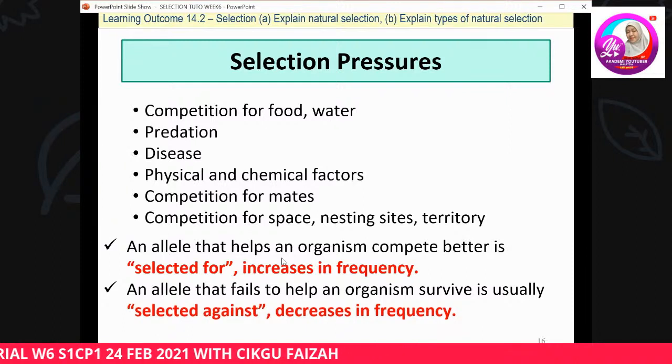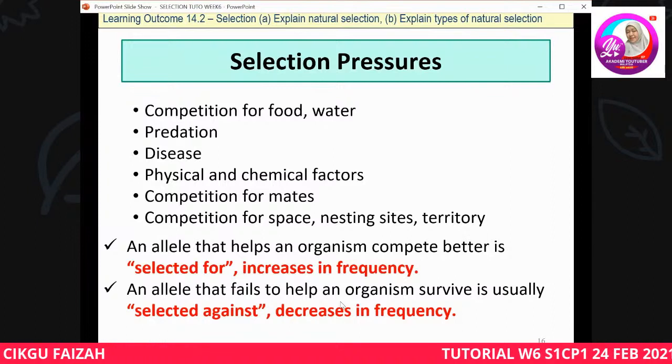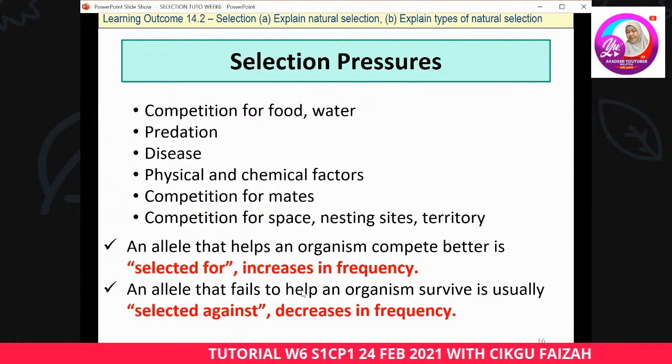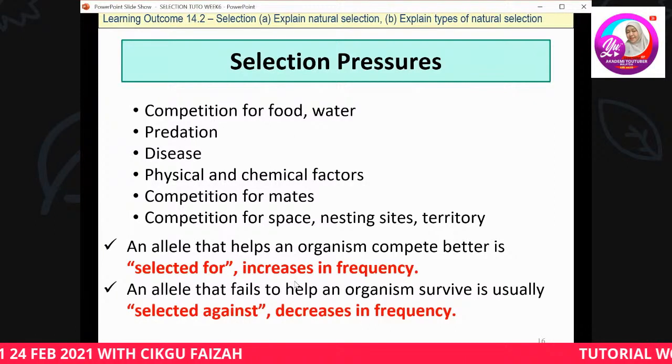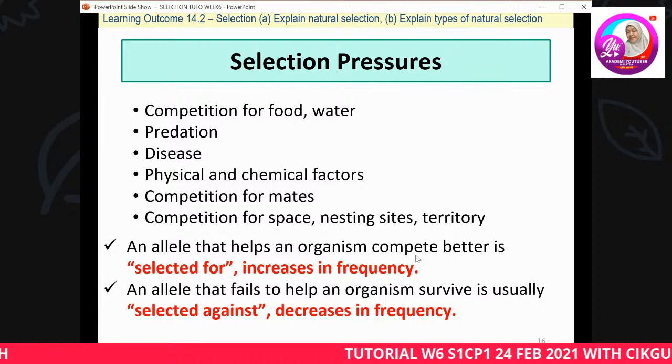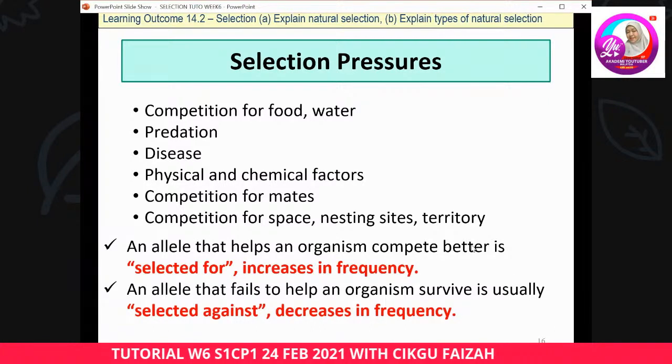So when you learn about natural selection, class, actually you also can relate it to what you have learned during population genetics, the Hardy-Weinberg, the frequency of allele. It's actually related. You can apply the concept that you have learned. Because an allele that helps an organism compete better, we call it selected.